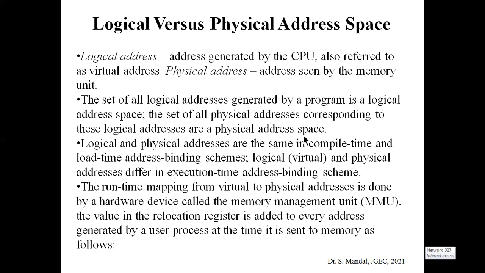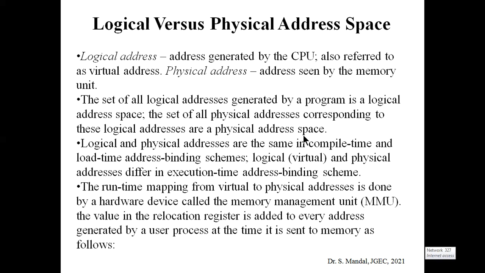But whenever we access the content of that memory, for that purpose we need to use the physical address. So what is the physical address? The physical address is the actual memory location in the original main memory or RAM. That is the main difference.